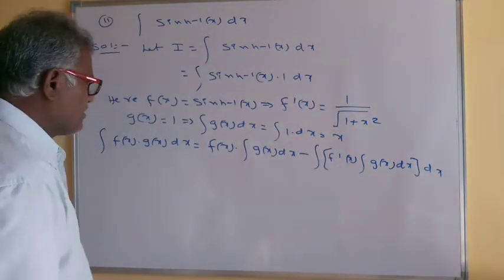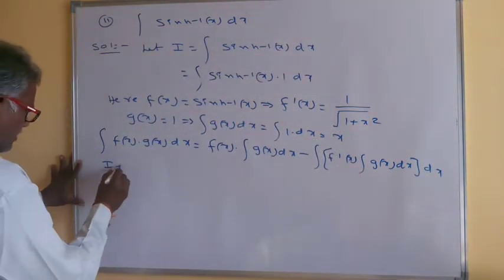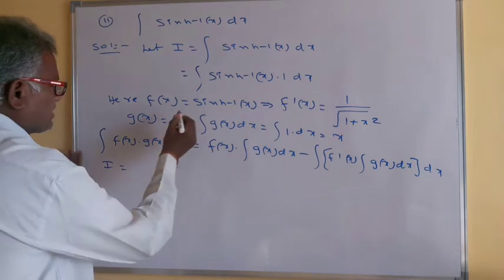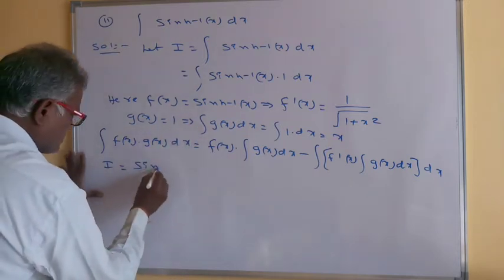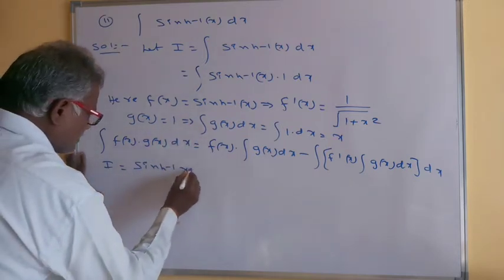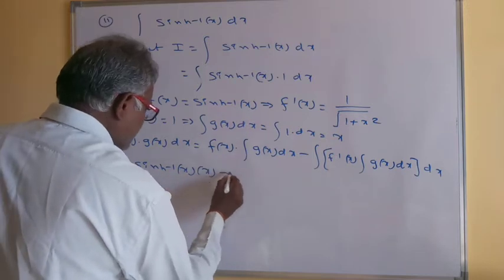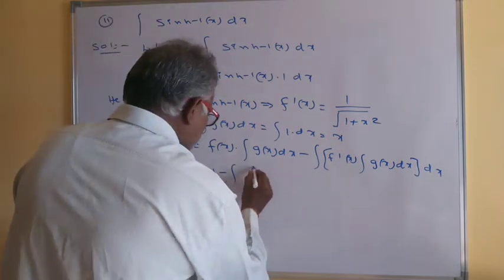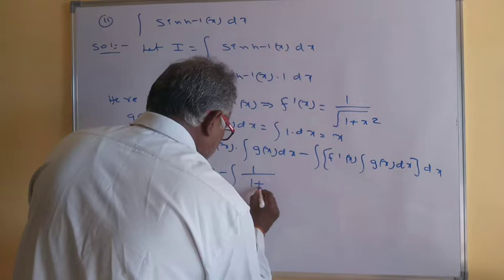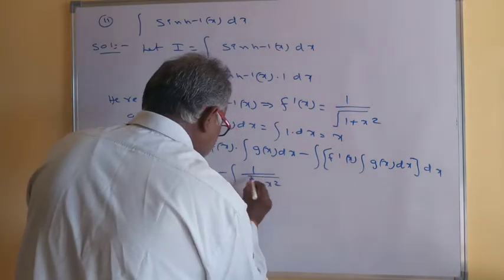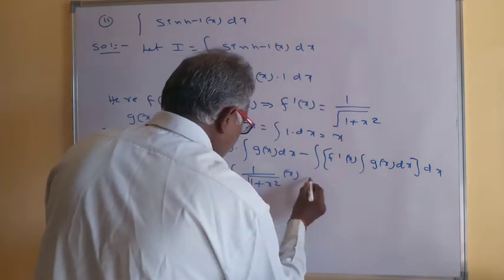Okay. So therefore, I is equal to, here f of x means sin h inverse x, sin h inverse x into integral value x. Okay. Minus f dash x, the derivative of this one, is nothing but 1 by root of 1 plus x square, into integral value x.